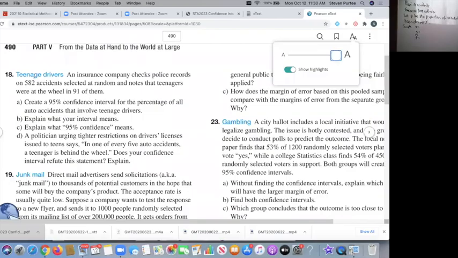There's my sample size. I had 582 accidents. Out of those, 91 were successful, had a teen driver. That's not 91%, that's an actual number. Okay, and we're going to create a 95% interval.